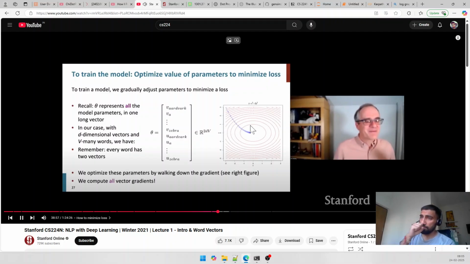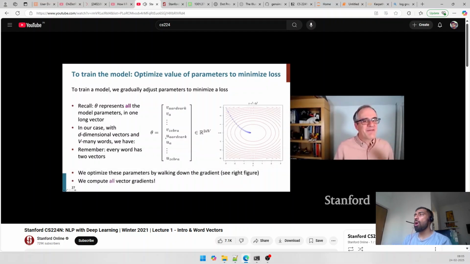Millions and millions of parameters. So we've got millions and millions of parameters, and we somehow want to fiddle with them all to maximize the prediction of context words. The way we're going to do that is we use calculus. We take the math that we've seen previously and, with this objective function, we can work out derivatives. So we can work out where the gradient is, how we can walk downhill to minimize loss.